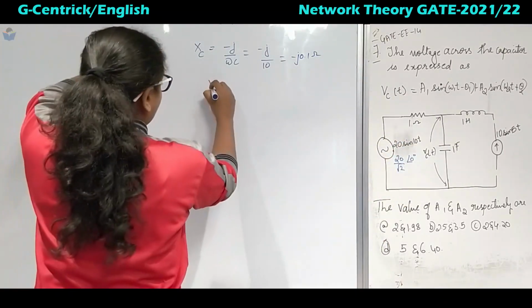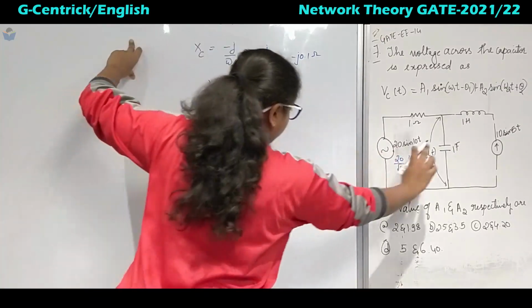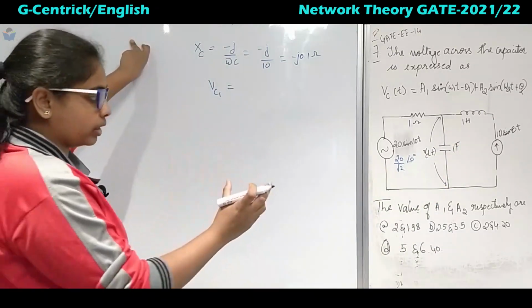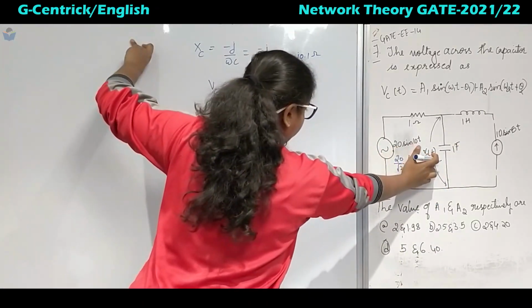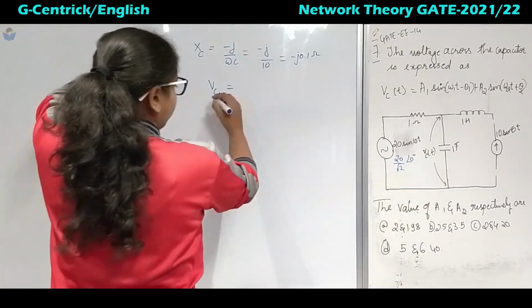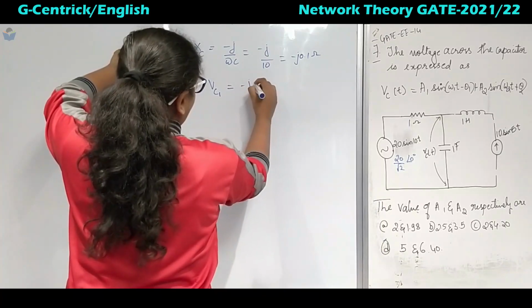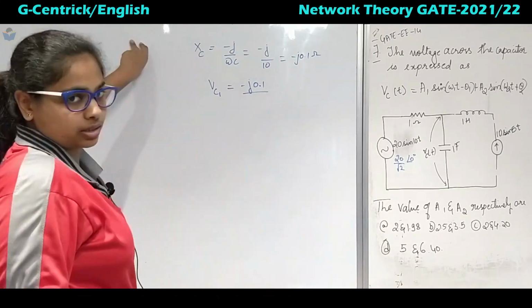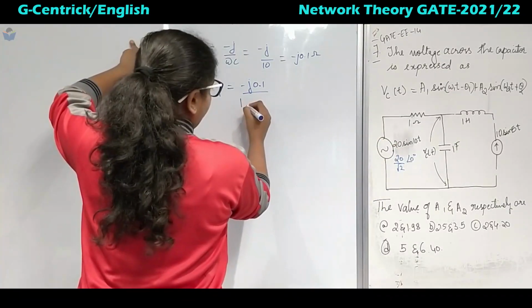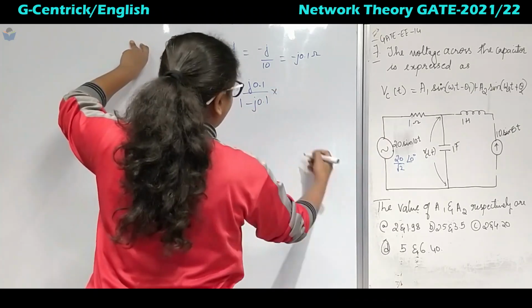Now since only the voltage source and these two elements are there, we can apply the voltage division rule. For finding the voltage, we take the same capacitor whose value we want to calculate. So Vc1 will be equal to its ohmic value, minus j0.1, divided by the total impedance, 1 minus j0.1, into the total voltage.